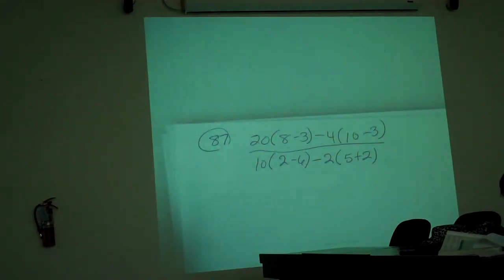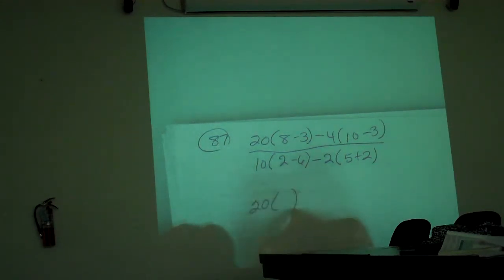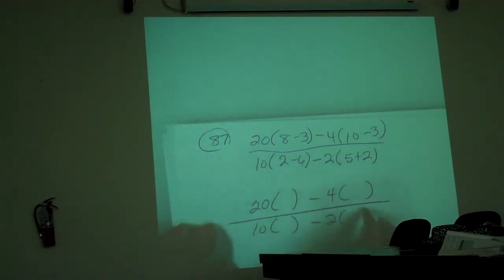Okay, so first of all, we're going to get rid of all those parentheses, right? So we'll leave the 20, and we'll leave the 4. We're just going to put parentheses where we're going to be doing all of those.